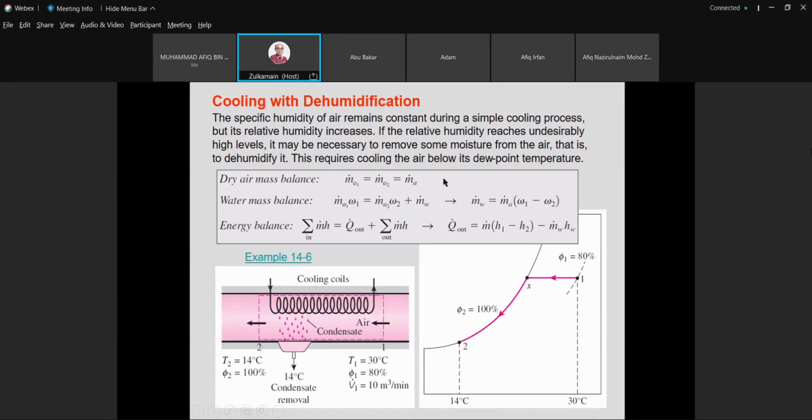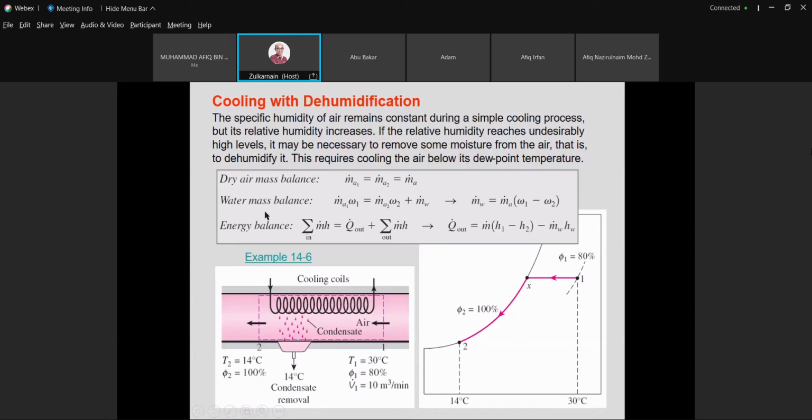The air does not change any flow rate, mass flow rate, because we know that air cannot be condensed. Only water, moisture, or water vapor can condense. So this is the mass balance. The mass of air in is equal to the mass of air out and is constant.